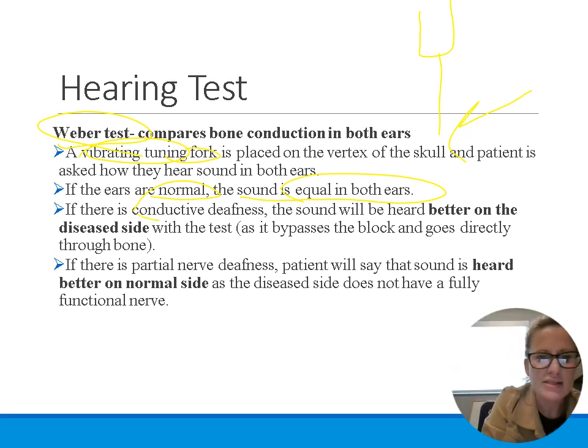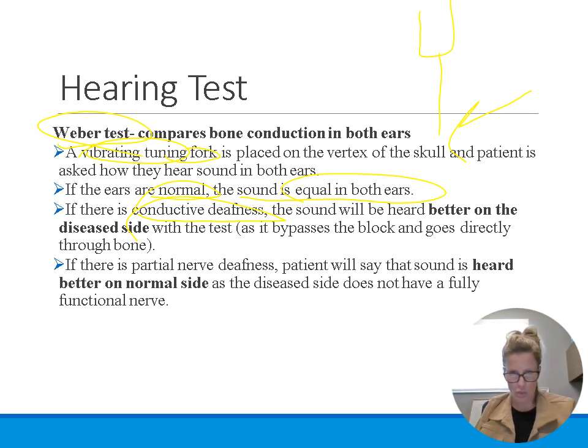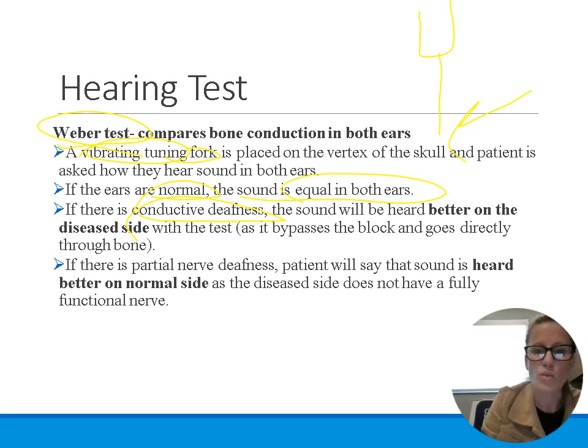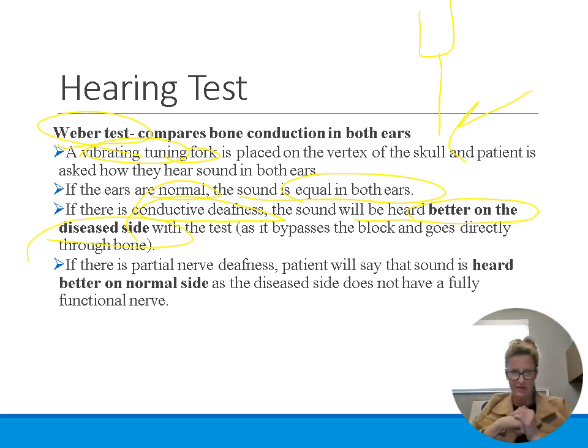If the person has conductive deafness in one ear, if one of the ears is not able to take the normal sound waves through the air, then the person will actually hear the sound better on the side that has the conductive deafness. This seems really strange. But the healthy ear is taking the normal sound waves through the air, and that's a pretty light sound.